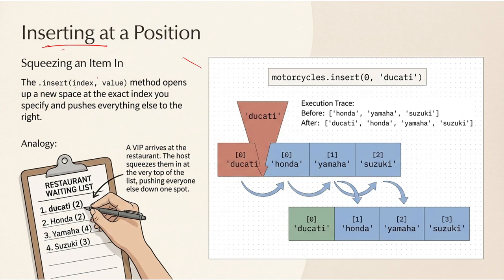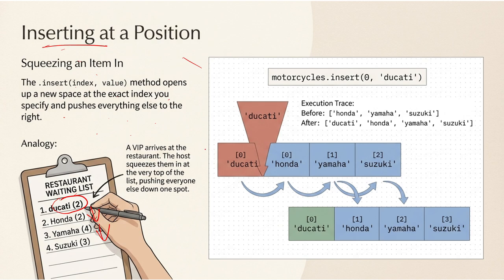The dot insert index comma value method opens up a new space at the exact index you specify and pushes everything else to the right. So what does it mean? Suppose in your restaurant analogy, you already had some members, but now a VIP member came. You will keep the VIP member at the top and push all the other members down. That's what they are doing.